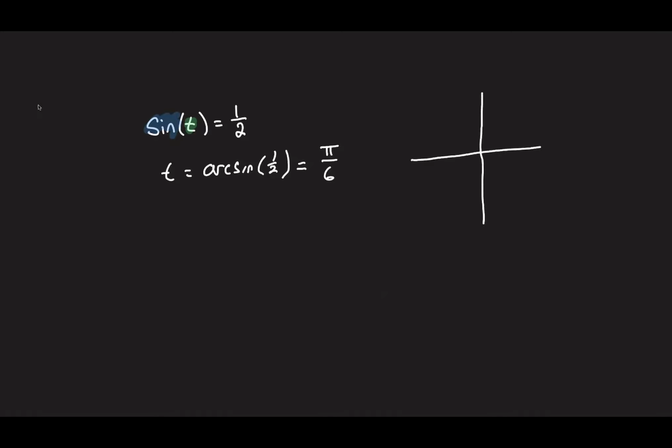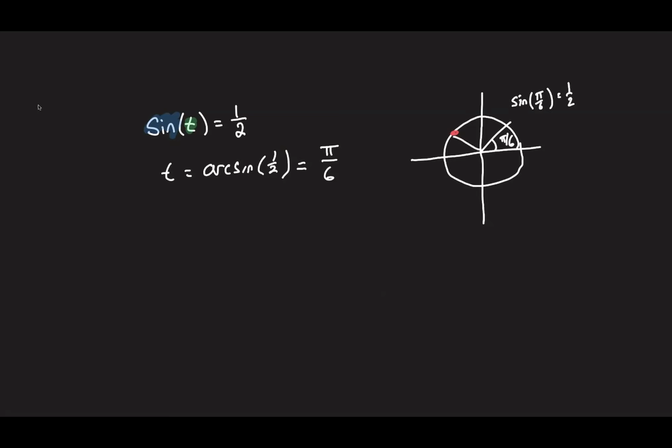So we think about the unit circle. If I look at this angle pi over 6, the y coordinate here would be 1/2. So this is telling me sine of pi over 6 is equal to 1/2. But I also know there's another point on the unit circle over here that's going to have the same y coordinate, and it's whatever shares a reference angle with this pi over 6.